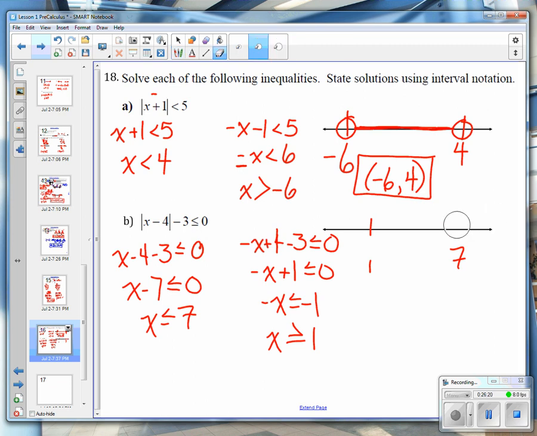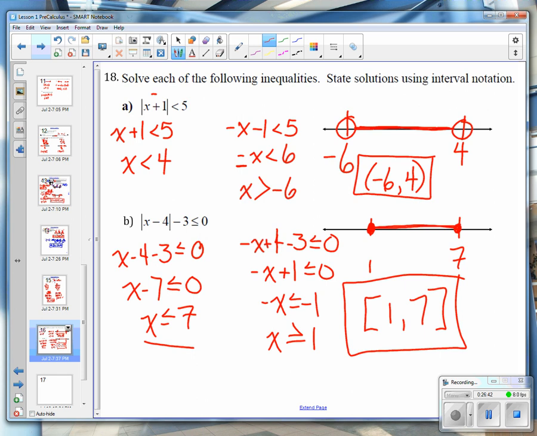It's the other way around. Sorry, getting my signs mixed up here. x is less than positive 7 or equal to, and x is bigger than 1. So I've got a closed circle, and again, my solution is going to lie right in the middle. And in this case, now I can use the closed brackets, and that would be my final answer.